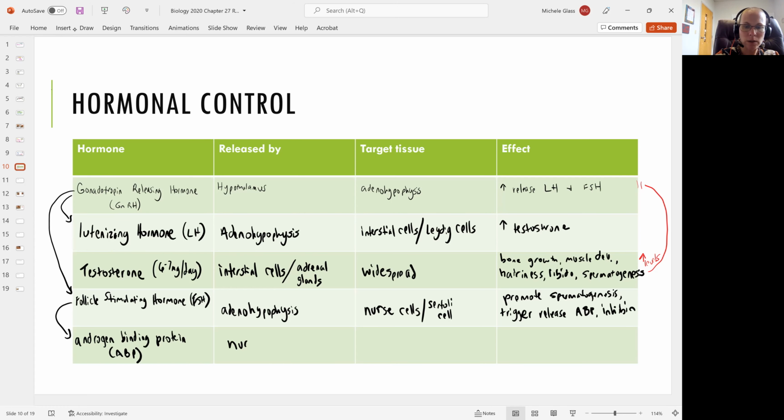And we've just said that that's released by those nurse cells. And so this one is going to bind to testosterone to keep levels high. So it's not really like a hormone, it's a protein that's being released, but it has this important job in signaling. And we also see that it stimulates, what did we say, spermiogenesis.